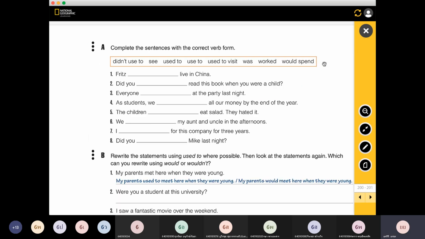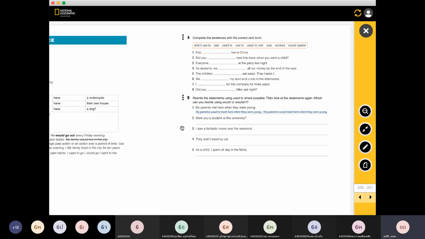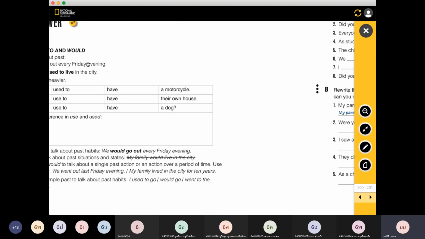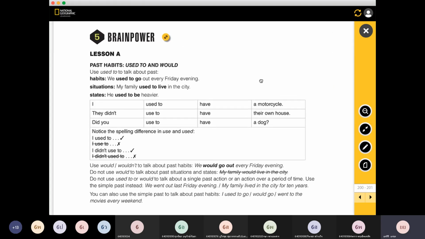So if you look at this, when we are talking about used to and would here, we talk about habits in the past, and we can use both of them to talk about a habit that repeatedly happened in the past.